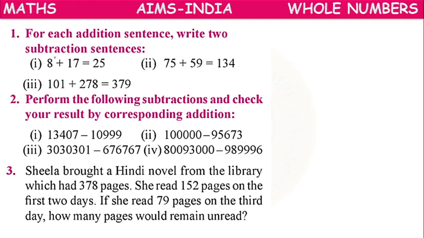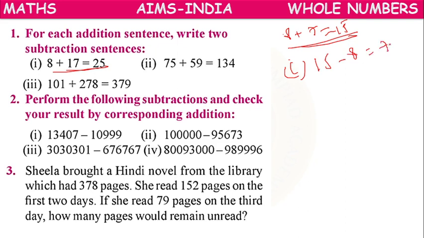Next, some questions. For each addition sentence, write 2 subtraction sentences. We have 8 plus 7 equals 15, this addition sentence. So what can we write? From the result 15, if we subtract the first number, we will get the second number. Or from the result 15, if we subtract the second number, we will get the first number. These 2 subtraction facts we can write.